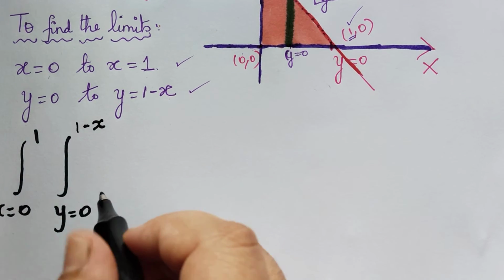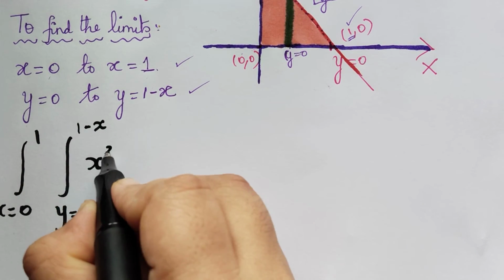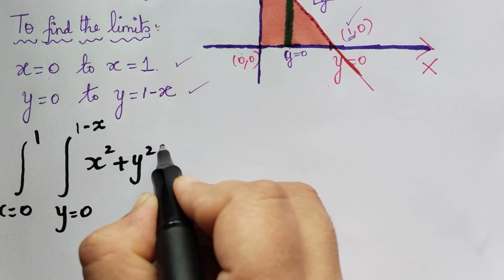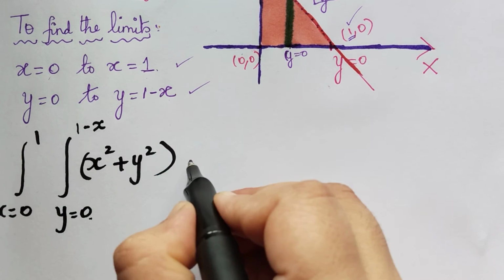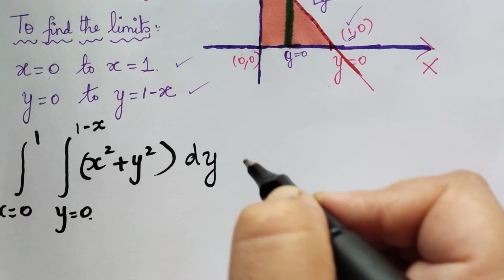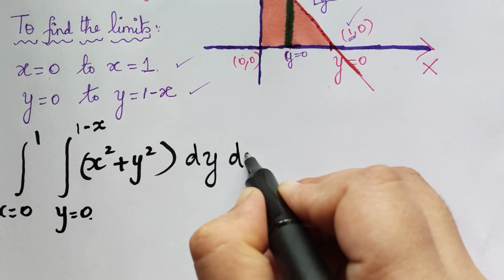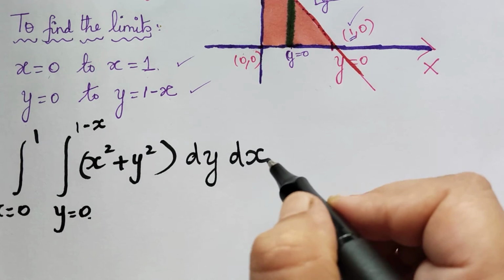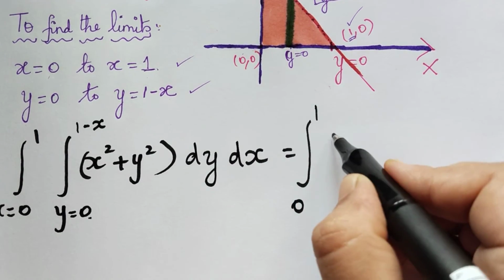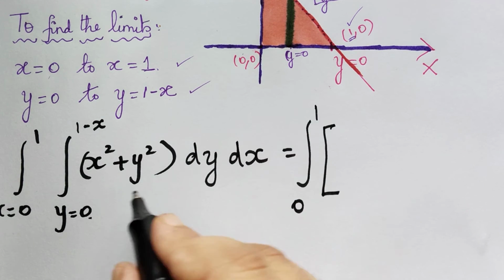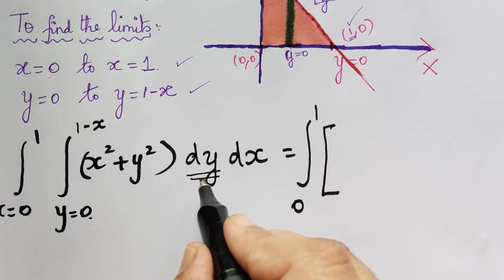And what is the function that we have to integrate? It is x square plus y square. Since the inner limit is with respect to y, first we should integrate with respect to y and then we have to integrate with respect to x. So it will be dy dx. So that's equal to the integral from 0 to 1. First we have to integrate with respect to y.